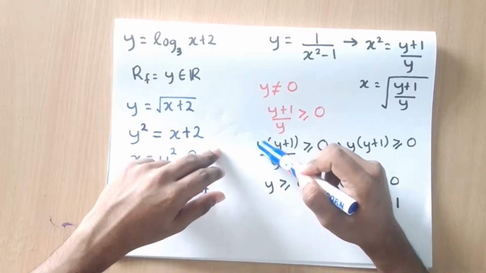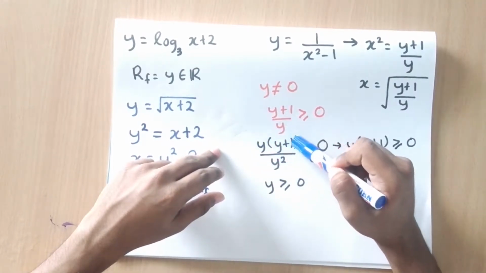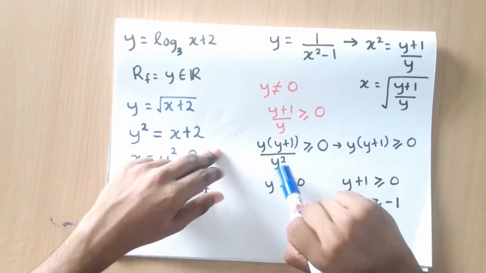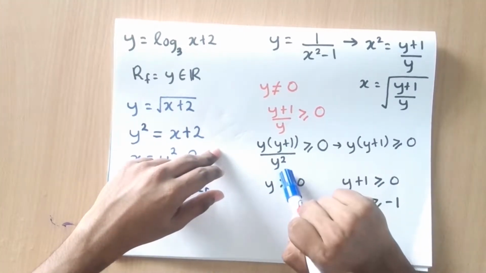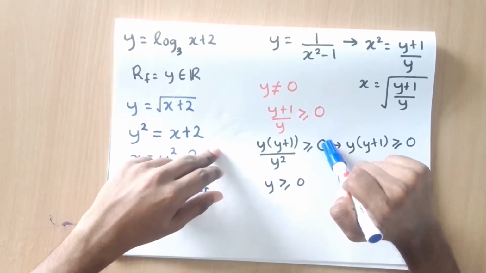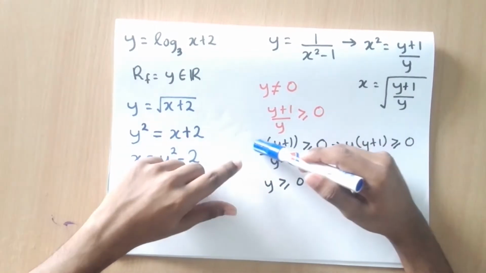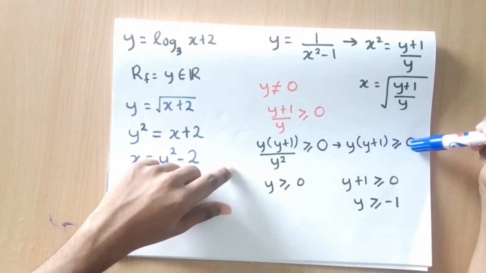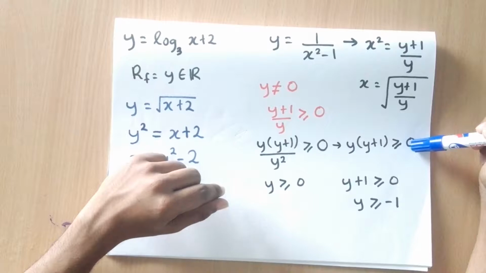That gives us y times (y plus 1) divided by y squared. Now y squared is positive definite, so we can multiply this to 0. We then end up with y times (y plus 1) is greater than or equal to 0.